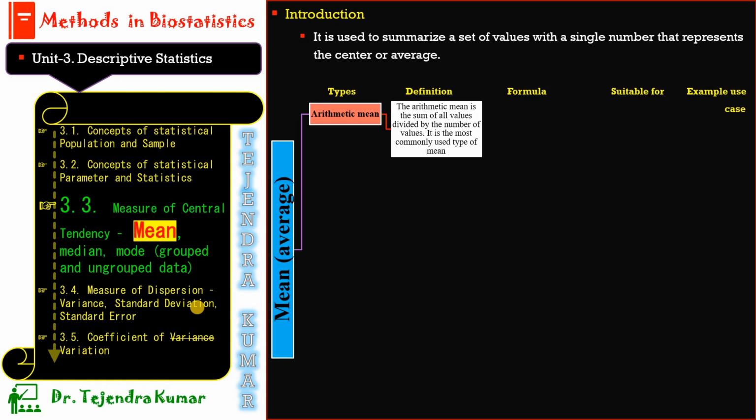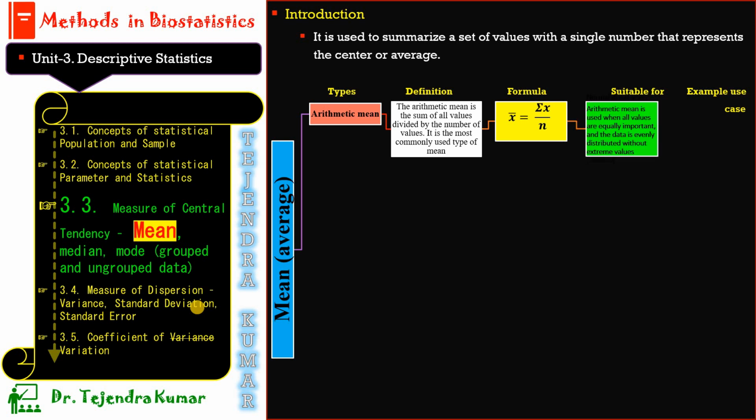It is the most commonly used type of mean. Its formula is x bar is equal to summation of x divided by n. Arithmetic mean is used when all values are equally important and the data is evenly distributed without extreme values. Means we are not considering the outliers.